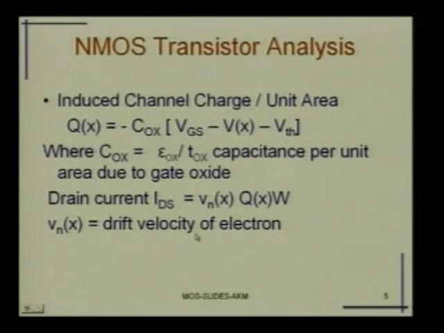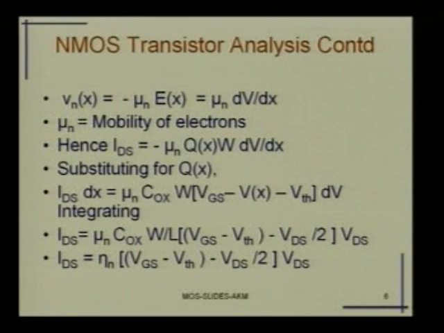Normally we will assume the velocity to be constant, but that is not usually the case in this environment; in a very simplified initial analysis, we will assume vx to be constant. Now, what is vx? It is the drift velocity.